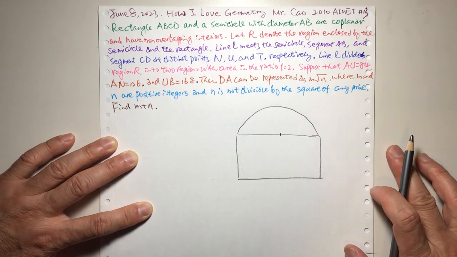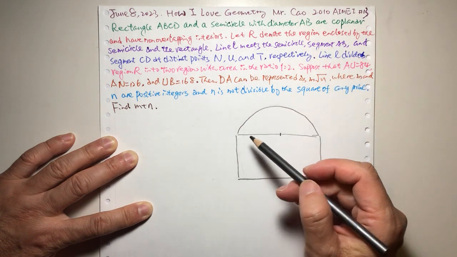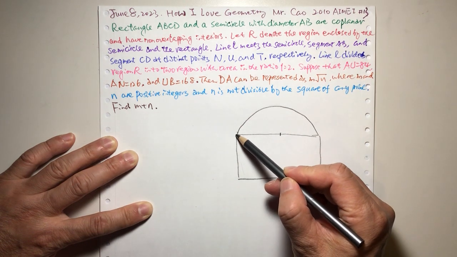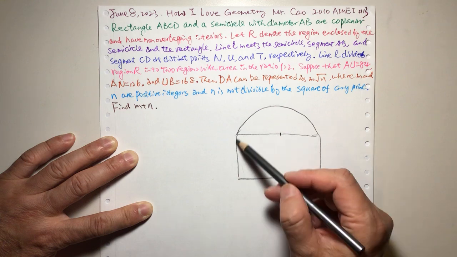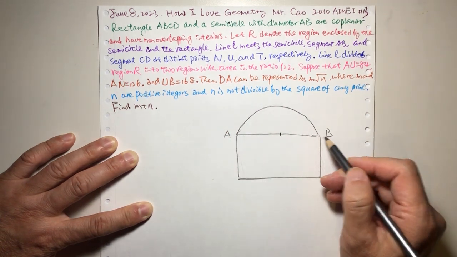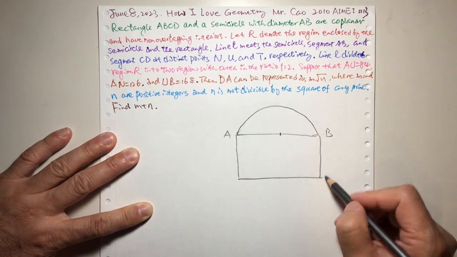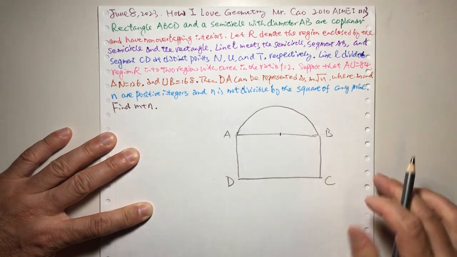The problem says let R denote the region enclosed by the semicircle and the rectangle. So it includes all of this semicircle and the rectangle, with AB as the diameter and one side of the rectangle ABCD, right? Yes.